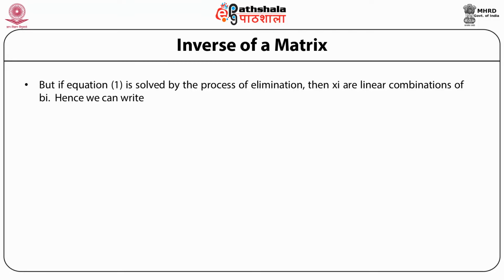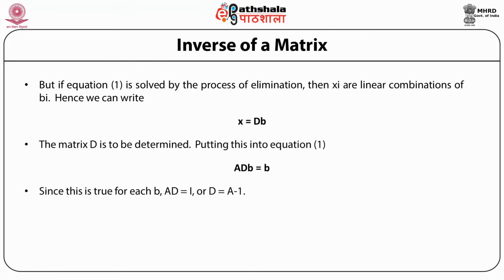Hence, we can write x is equal to matrix G into B, where the matrix G is to be determined. Putting this back into the linear system, we get A times matrix G into B is equal to B. Since this is true for each B, the product of matrix A and matrix G is equal to I, or G is equal to A inverse.